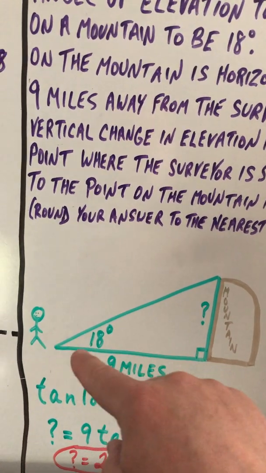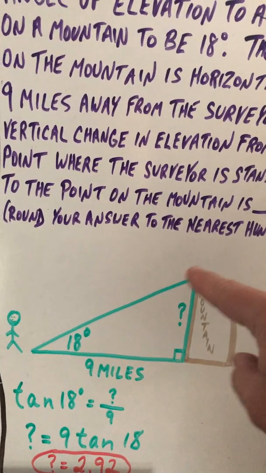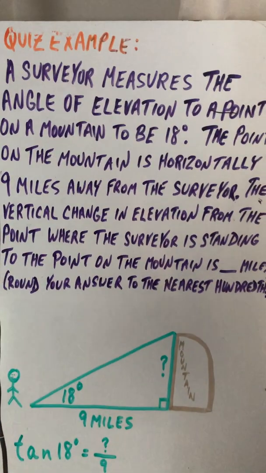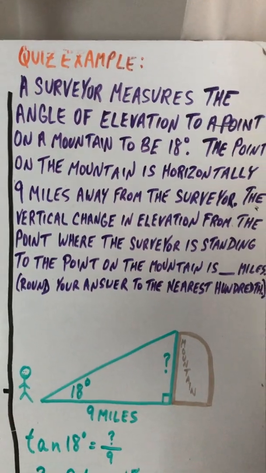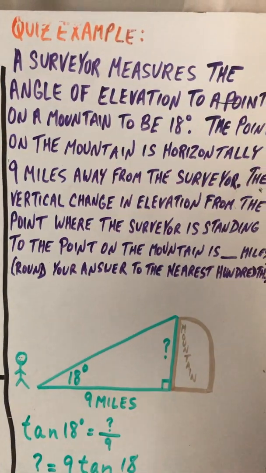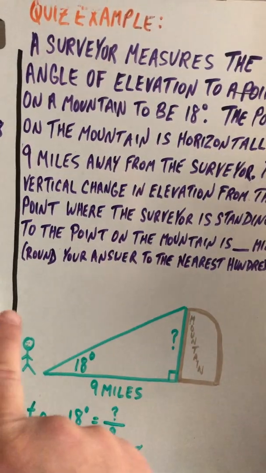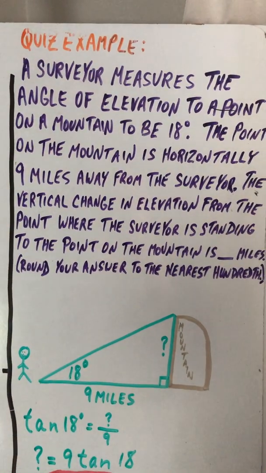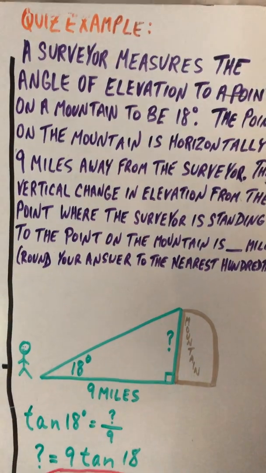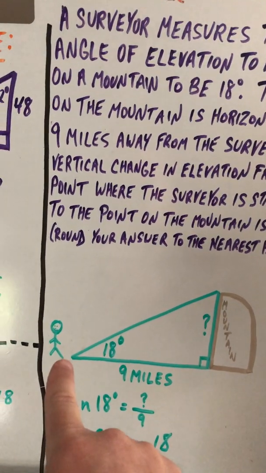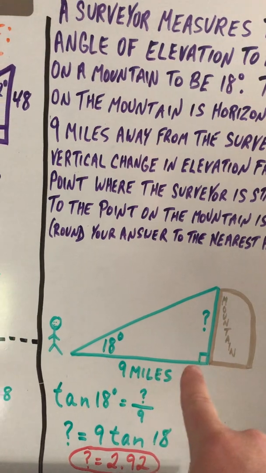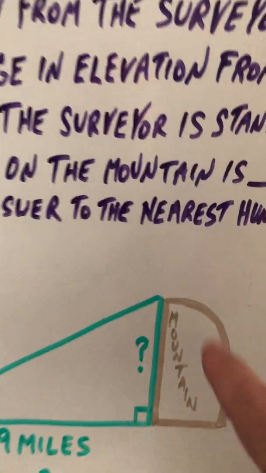Here's your surveyor. Here's your angle of elevation, 18 degrees. The point on the mountain is horizontally, going across, 9 miles away from the surveyor. So from the surveyor, 9 miles away is the mountain. Here's my mountain.